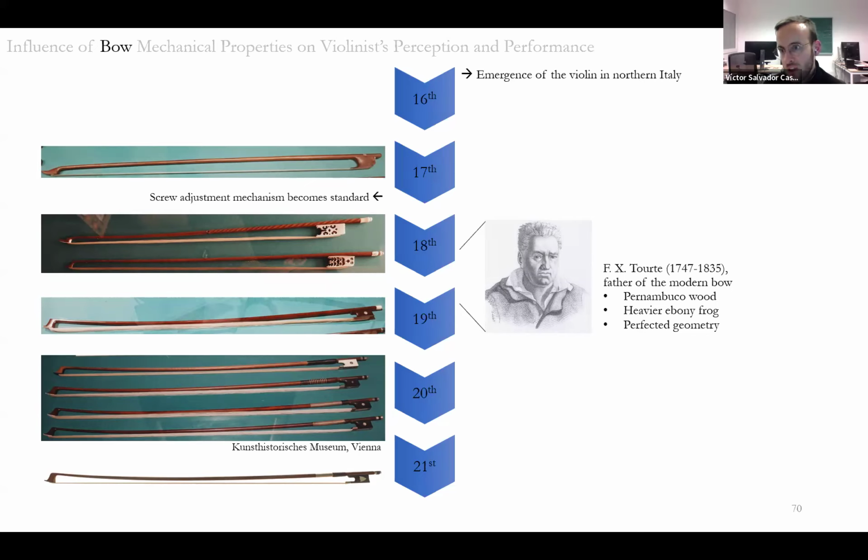If you play closer to the bridge, you're going to have a much brighter tone than if you play further from the bridge. And since the musician is able to change his or her bowing parameters during the piece, he's able indeed to change the sound of the violin, because the excitation at the bridge is not the same. And I think maybe that's the reason why we listen to violinists and less to the violin when we hear some of these experiments.